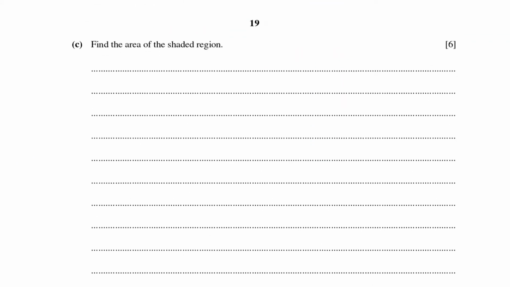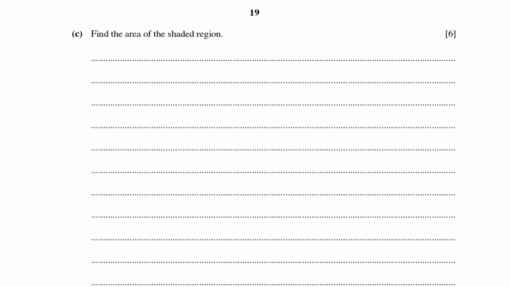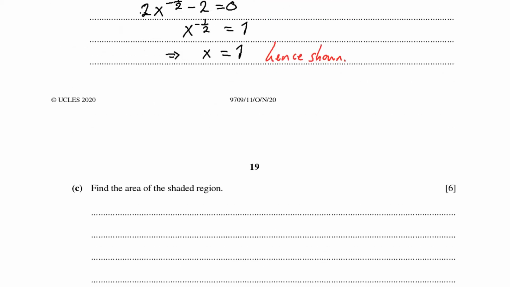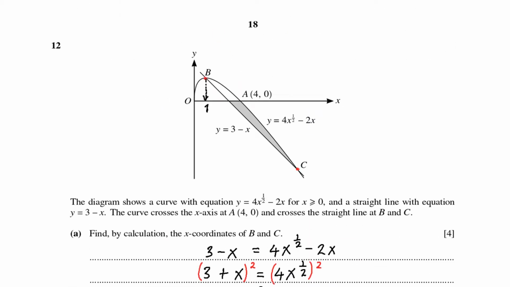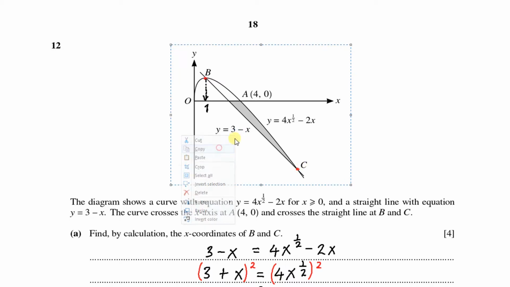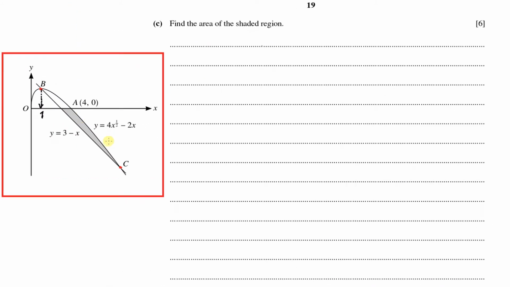Let's go to part C. Find the area of the shaded region. So we need the area of the shaded region, and I'm going to take this diagram here. Now to get the shaded area, we need to find the area between the line and the x-axis from this point here up to the x-coordinate of C. The x-coordinate of C we got to be 9, so we have 9 here.